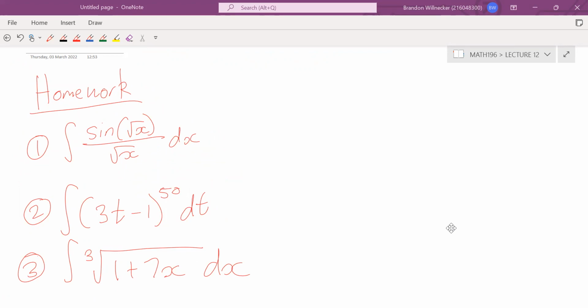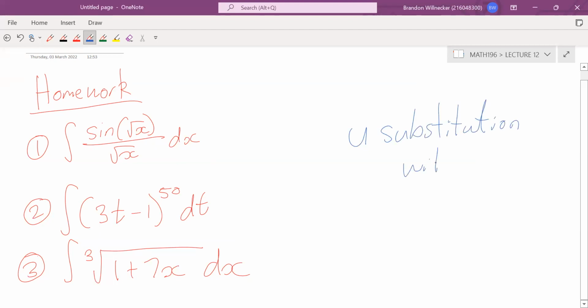So tomorrow we will carry on with this u-substitution, but with a bit of a change. We're going to do u-substitution with definite integrals.